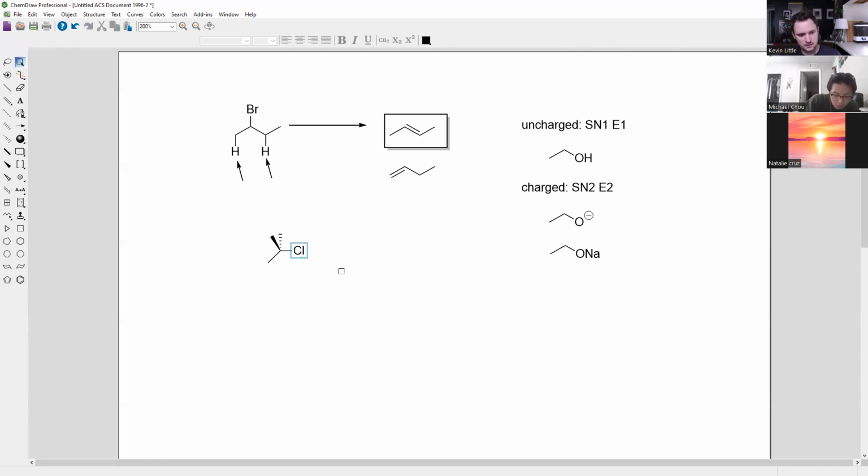If I have some sort of alkyl halide, let's use just chlorine here, and I've got some kind of nucleophile, it doesn't really matter, so I'll just steal this one. And I'm going to do an SN2.